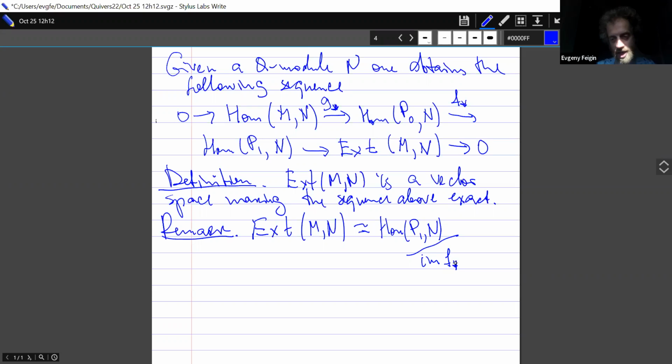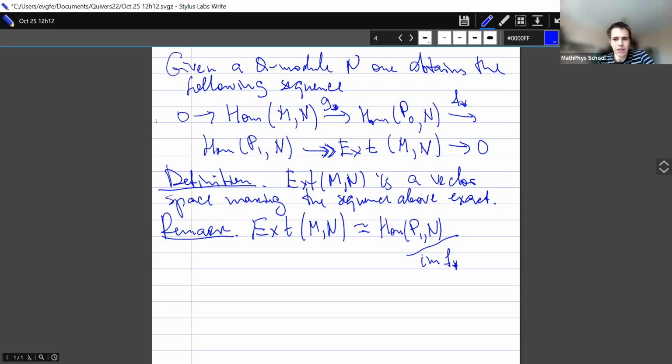The formula comes from the obvious observation that the map from Hom(P1, N) to Ext(M, N) should be surjective, and the kernel of this map should be the image of F star. Hence we have this description of Ext as a quotient space.